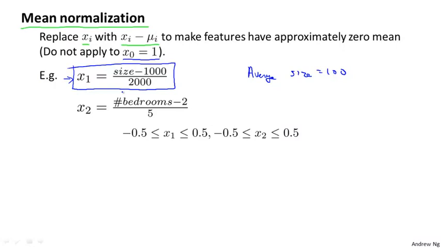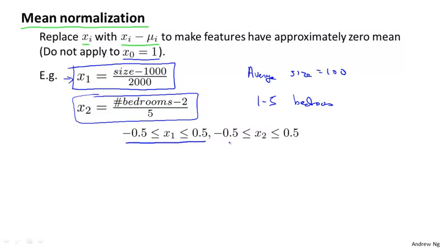And similarly, if your houses have 1 to 5 bedrooms, and if on average a house has, say, 2 bedrooms, then you might use this formula to mean normalize your second feature x2. In both of these cases, you therefore wind up with features x1 and x2 that can take on values roughly between -0.5 and +0.5. It's actually not true. x2 can actually be slightly larger than 0.5, but close enough.